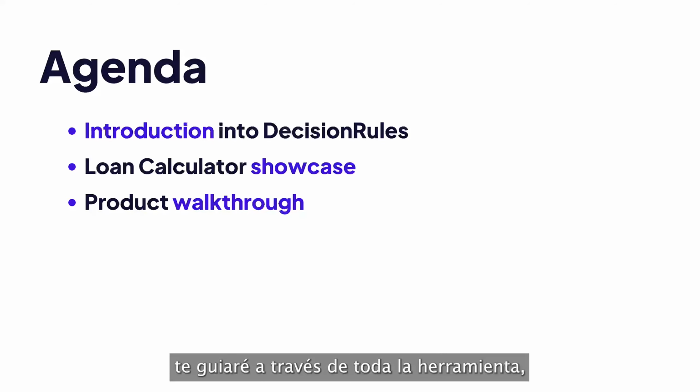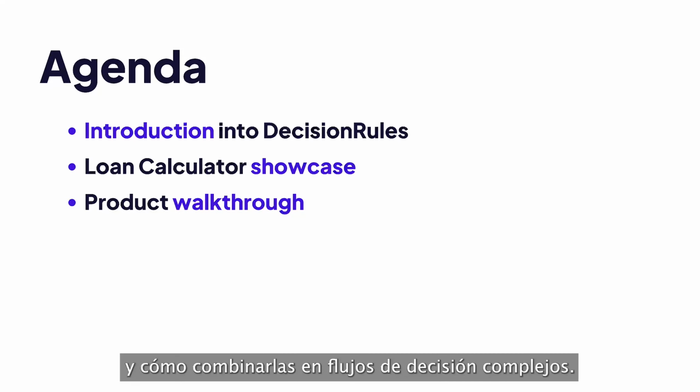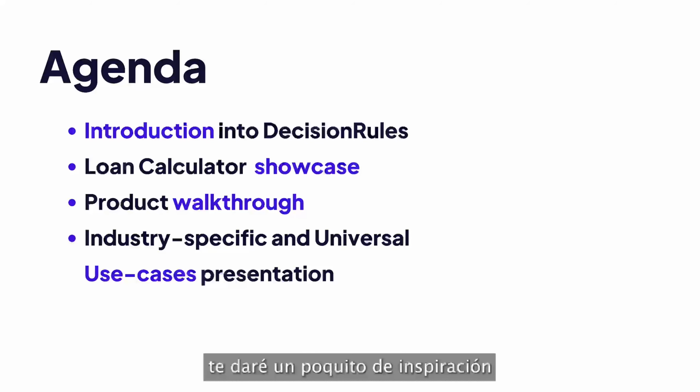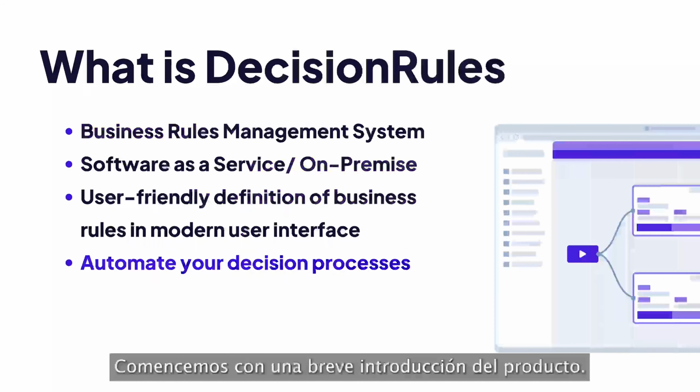Then, I'll talk you through the entire tool and show you how to create rules and how to combine them into complex decisioning flows. Finally, I will give you a little bit of inspiration by showing you both industry-specific and universal use cases. So, let's start with a short product introduction.